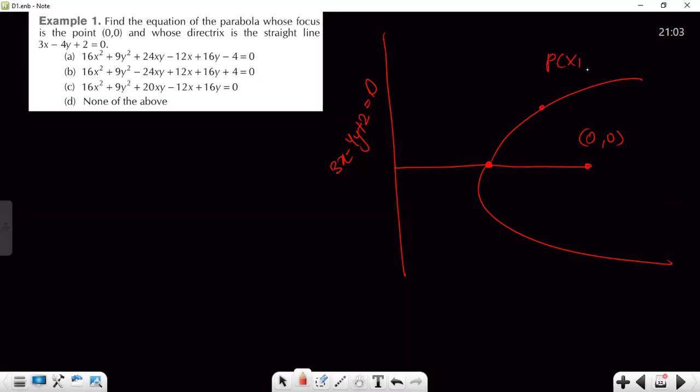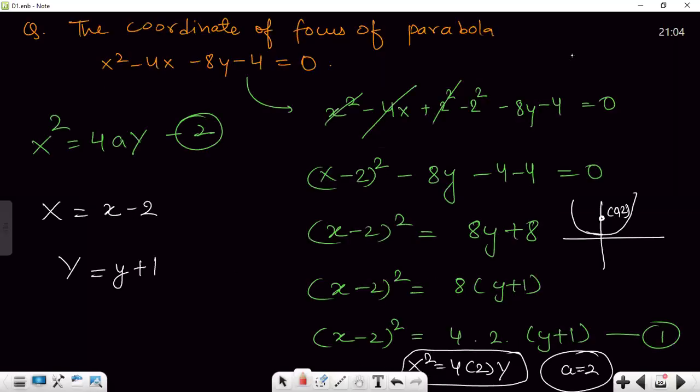And this is the point. One more thing, there is a property of parabola.